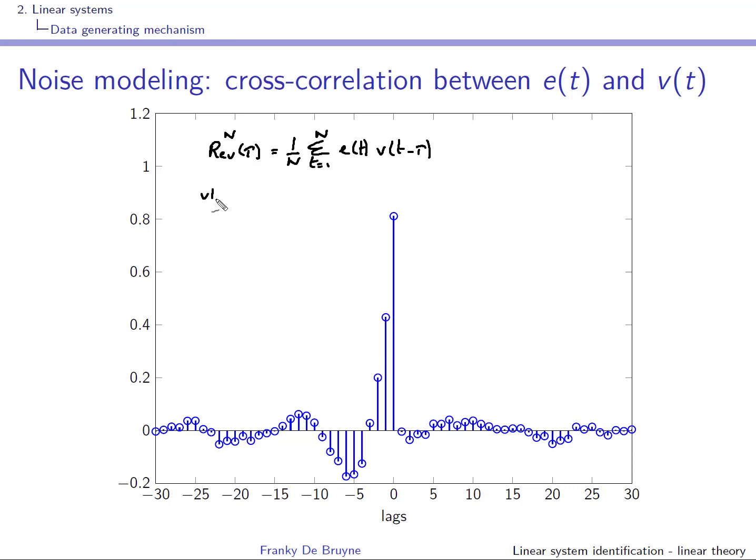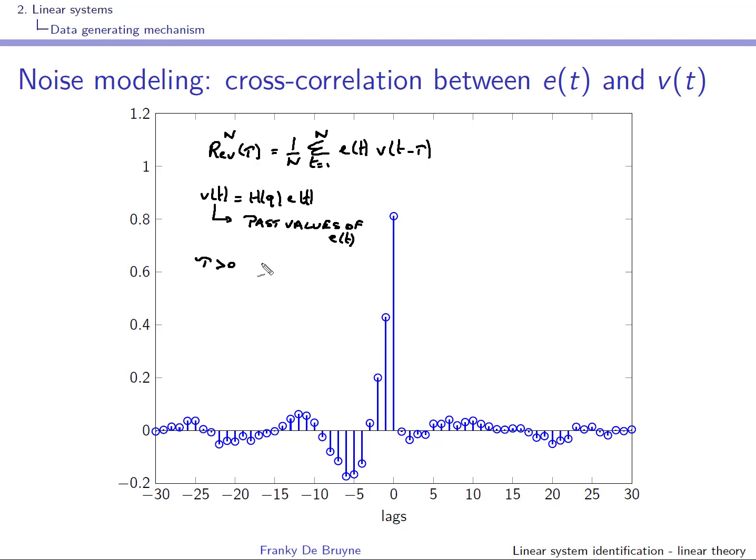Remember that v of t is H of q e of t, so v of t depends on past values of e of t. This is simply coming from this filtering. So if you take a tau that is positive, we shift v of t to the right. So if you correlate, you'll take e of t's coming from the future.